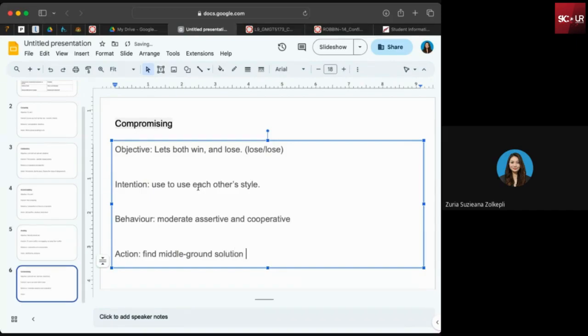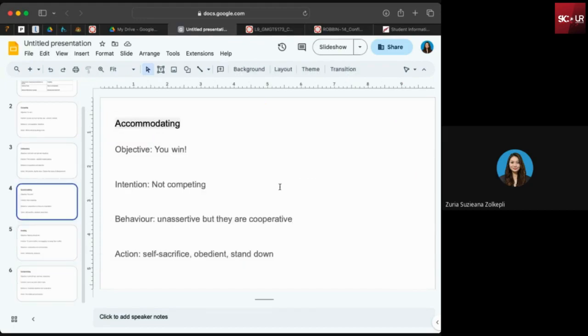Maybe we cannot get everything, so we try to find middle ground solution by maybe tolerating, exchanging what are the things that you okay lah to lose, to let go a little bit, and then can you give me, for this time, let me just use my style first, use my idea first, and then let's see what works and so on. Okay, this one is compromising in order to handle conflict.